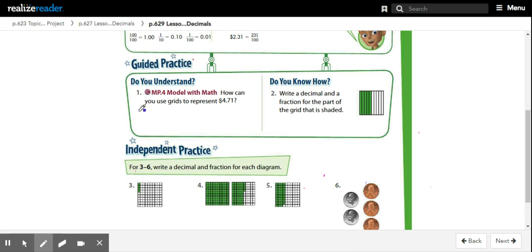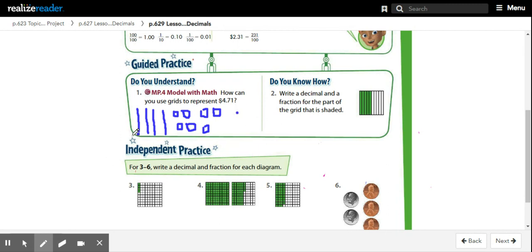Okay, so I can show $4 with 1, 2, 3, 4 full grids. I need to take some art classes from Mr. Copley. 7 squares and 1 dot.